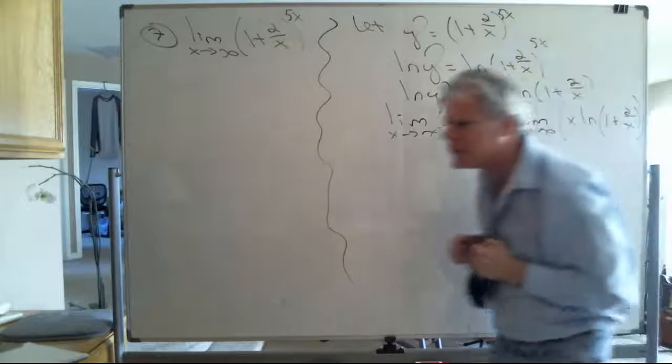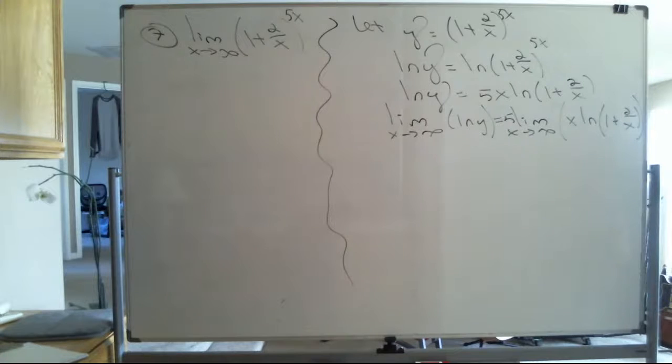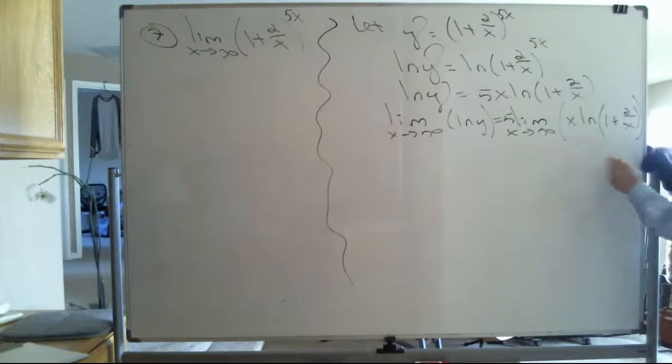Gosh, I hope that's showing up clear enough. I think so. So take a peek at how, now that I've got the limit of this product, it's going to be one of my other indeterminate forms, infinity times 0 situation.